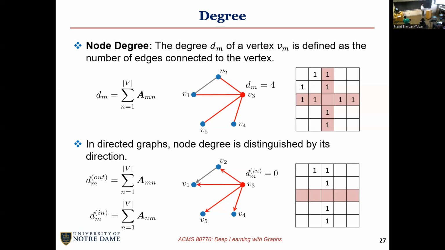So here there are no edges pointing towards V3, and the sum of row 3 is 0. For the out degree, we're going to sum all the elements on the vector corresponding to that node. So here we have 4 out degrees from V3, and that can be derived by summing all the elements on the 3rd column.